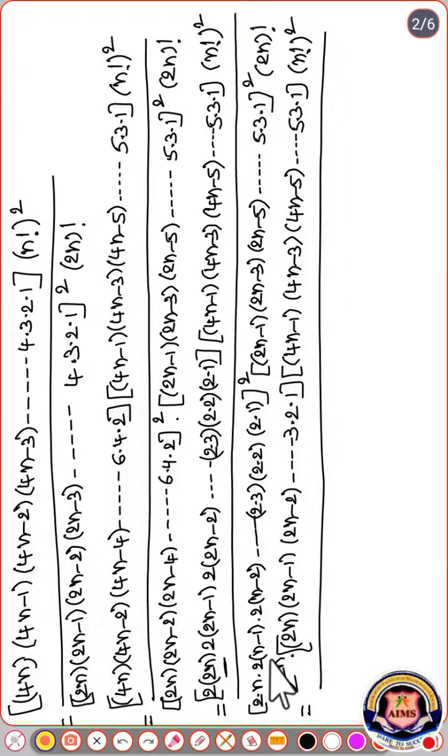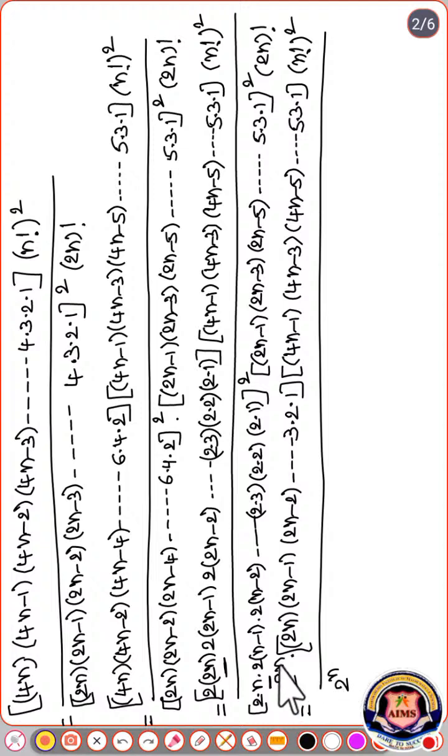denominator also, inside of the bracket. After taking 2 common, big number is n. Okay, so you can write 2 power n. After taking 2 common, the remaining value is n. Big number is n. Remaining all are small numbers compared with n. So 2 power n you can write.